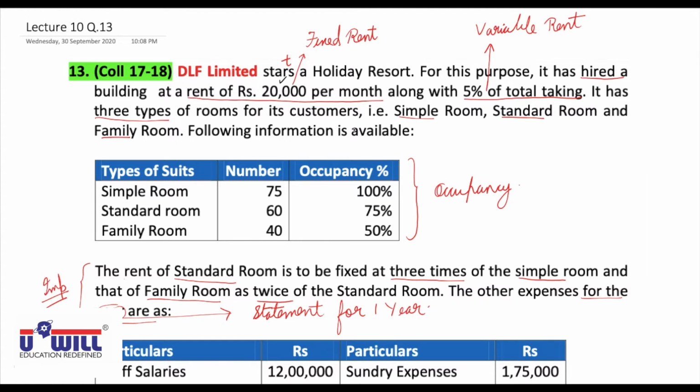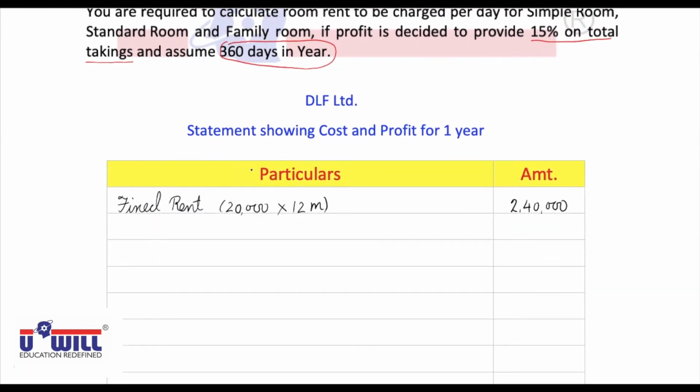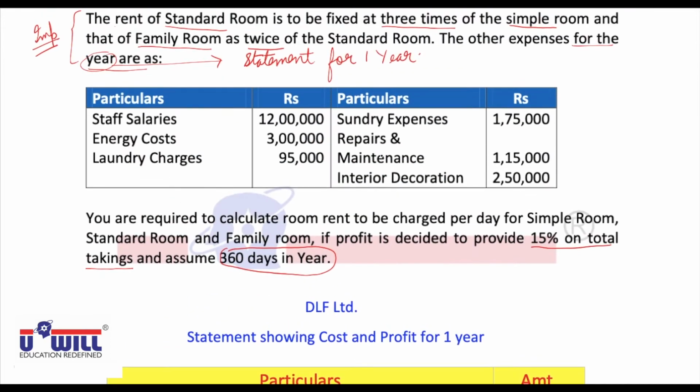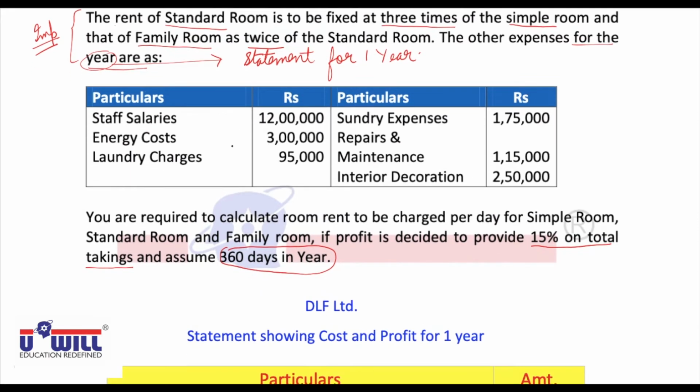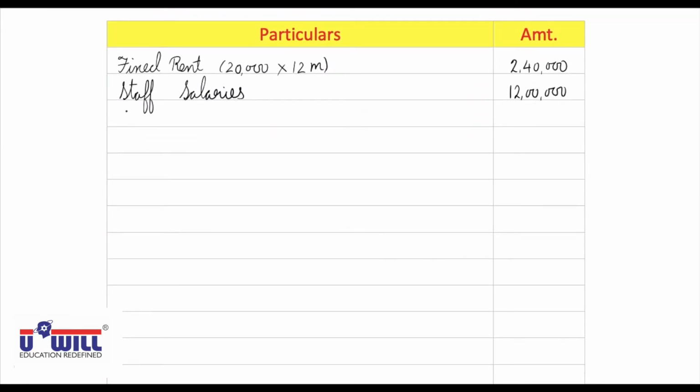Then after variable rent, we directly have the expenses in the last table. Staff salaries 12 lakhs. These are already the yearly expenses. So directly write down staff salaries 12 lakhs. Then after staff salaries we have energy cost, which is 3 lakhs. So all of you write down energy cost 3 lakhs.